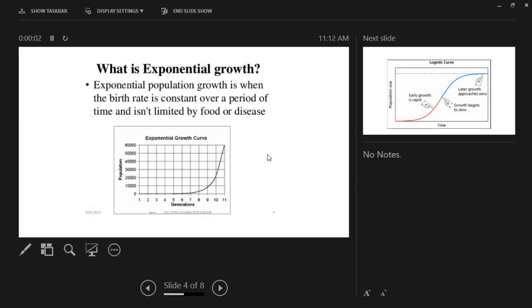That's exponential. Now look, exponential is not necessarily realistic, because it only really happens when we take an organism and put it into this environment for the first time. Because for the first time, there's going to be a lot of grass, or a lot of rabbits to eat, or whatever they're eating. Let's say we took a grasshopper. All of this was grass, right? We put our grasshopper population there. Well, the first grasshoppers, they got a lot to eat.